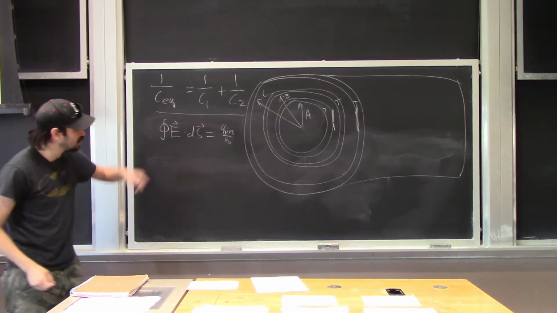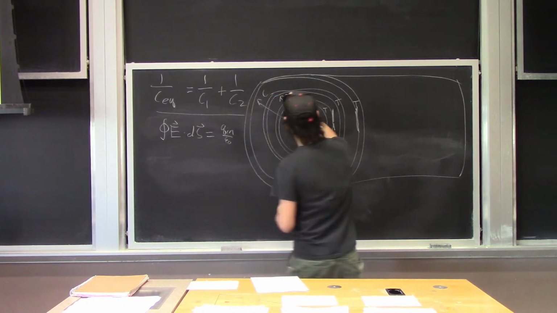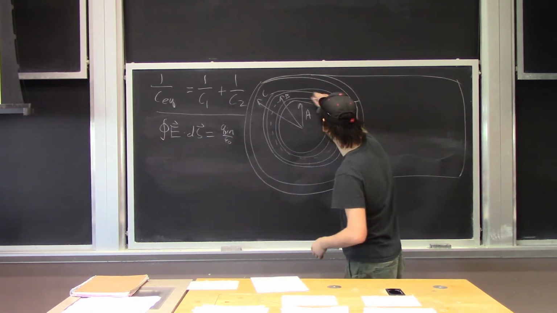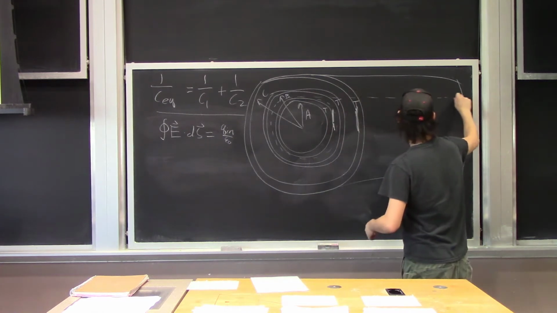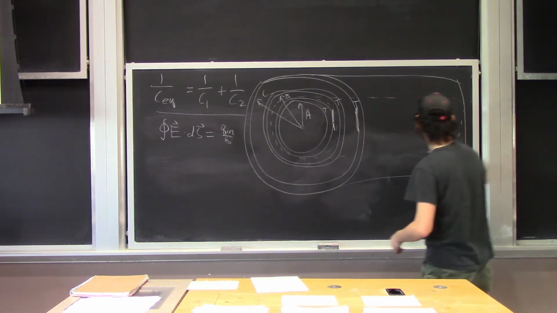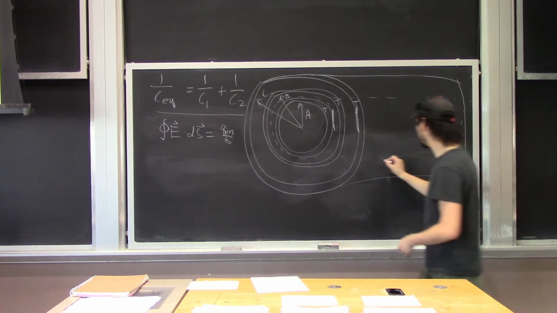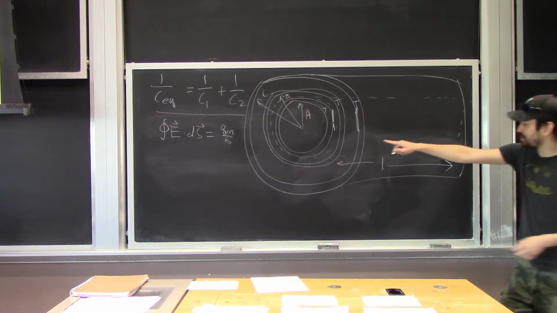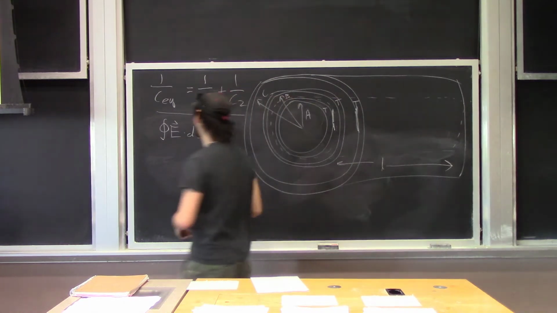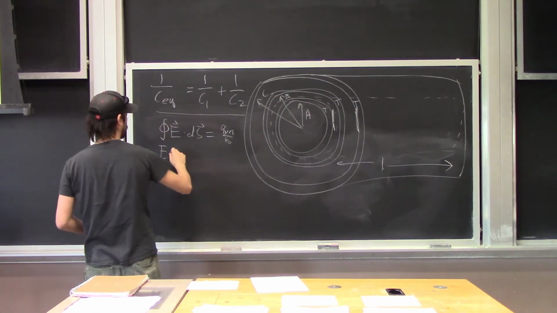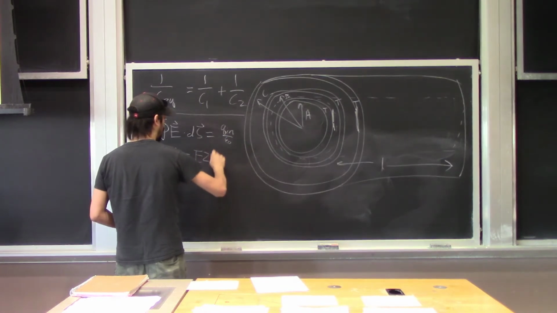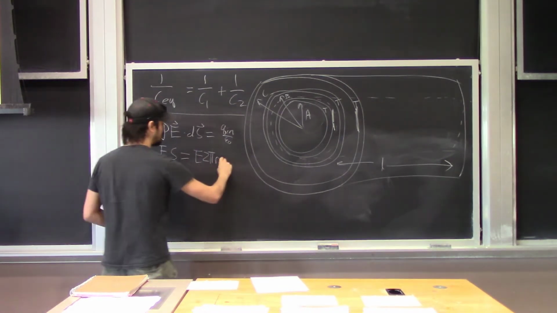Because this is a cylindrically symmetric case, if I draw my Gaussian surface between A plus T and B, then I have these Gaussian cylinders like this. If this has some total length of L, then the left-hand side of Gauss's law reduces to E times S, which is E times 2 pi times r times L.